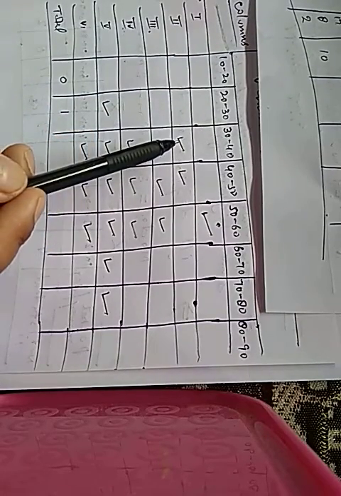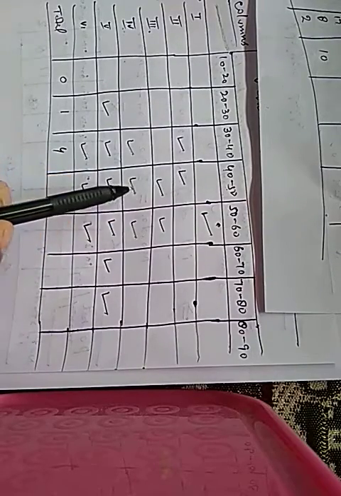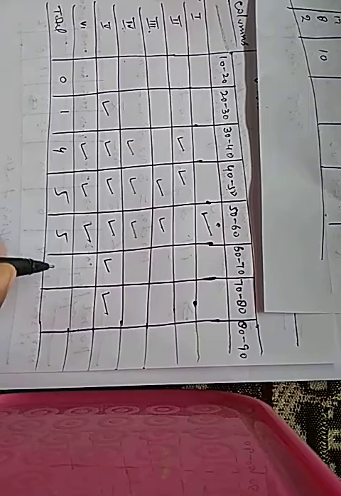Between 10 to 20 there is 0, there is no tick mark. 20 to 30 has one tick mark. 30 to 40 has 1, 2, 3, 4. 40 to 50 has 1, 2, 3, 4 and 5. 50 to 60 has 1, 2, 3, 4 and 5. 60 to 70 has only 1. 70 to 80 only 1, and 80 to 90, 0.